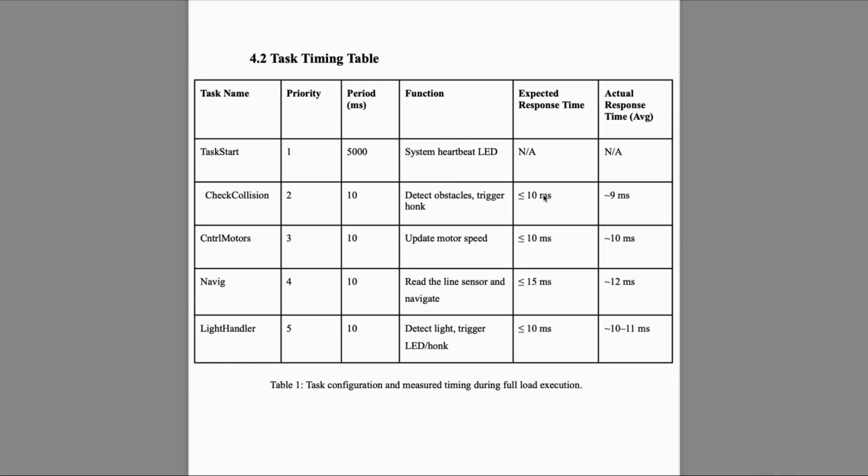The expected response time was less than 10 milliseconds, and our calculated actual response time was below that. The control motors with the third priority also had a period of 10 milliseconds. Its task was to update the motor speed and had an expected actual response time below 10 milliseconds.